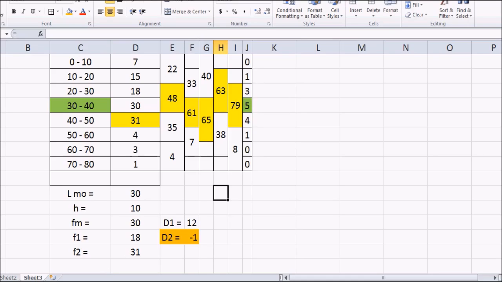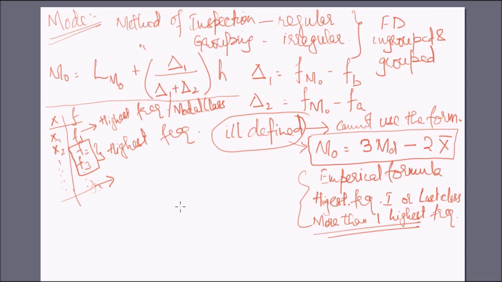Let me give you the formula now. This was the first formula or the first case, this was the second case, and now the third one. The third formula or the third case will be when, let me write the formula first.